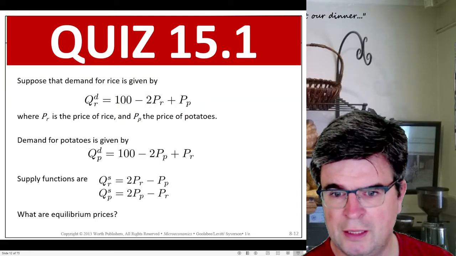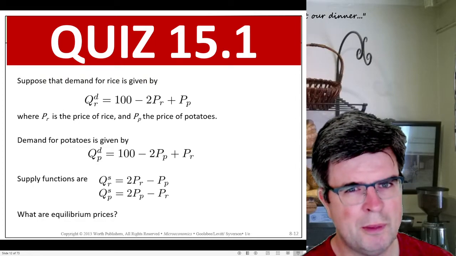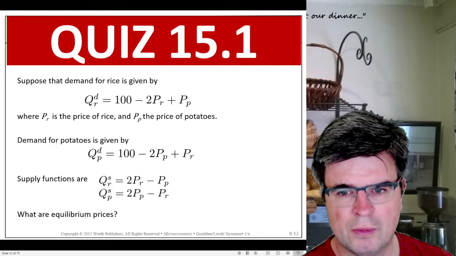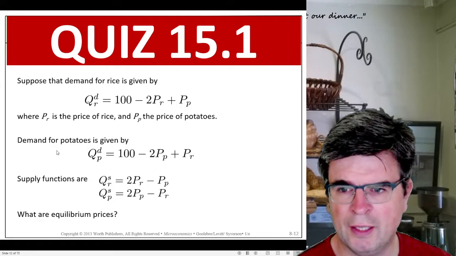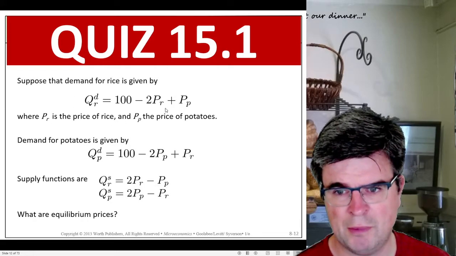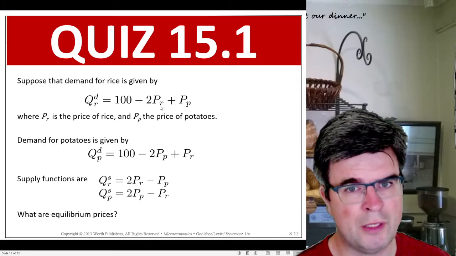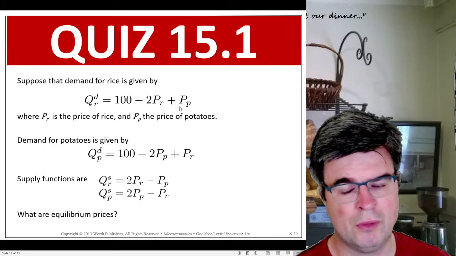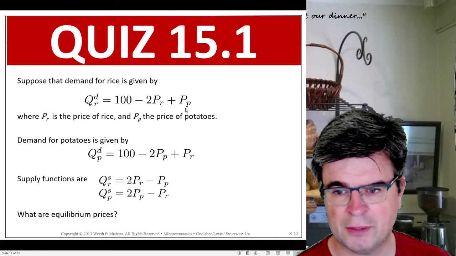And as you will see, it's very similar to the example, but it's a little bit more intricate here because we have, again, two markets. So we have the market for rice. The demand for rice, again, is not only dependent on the price of rice, but also on the price of potatoes, which is the second market that we consider.